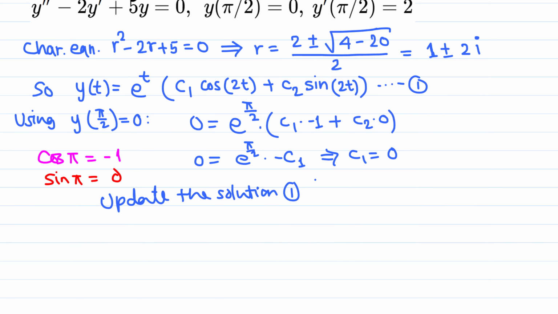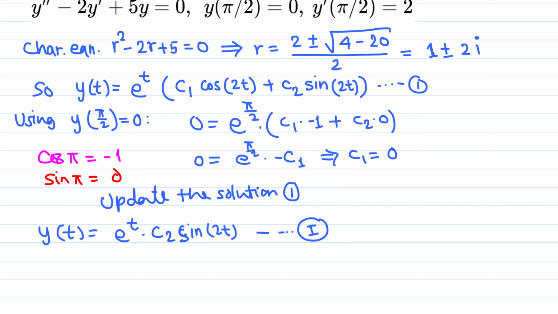That will be y equals e to the t outside, c1 is 0 so the first term is gone, so times c2 sine 2t. Let me put this equation 1 again, so updated.